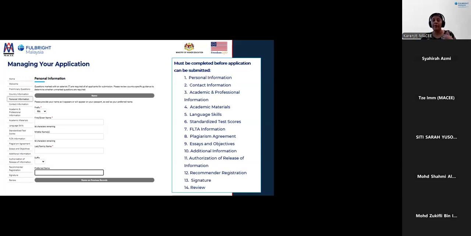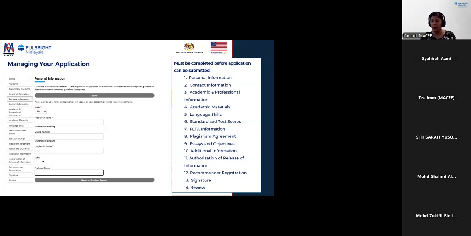Okay, for the next one, which is academic materials, this is where you will need to upload all your transcripts and certificates. Now, there's one thing that I want to stress very clearly when it comes to transcripts and certificates. Please pay extra attention to this, because most of the time, one of the reasons an application is considered incomplete is that they either give us just the transcript or just the certificate.